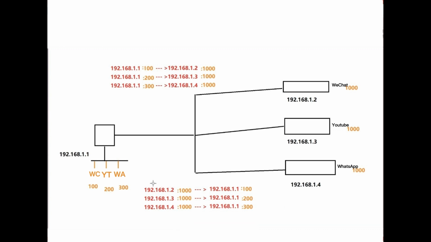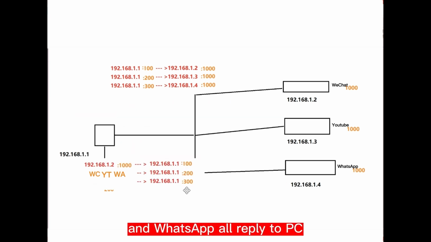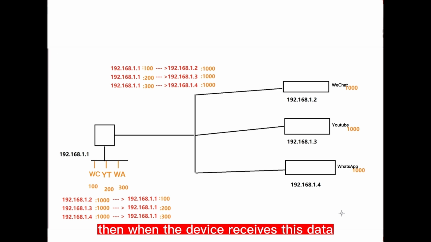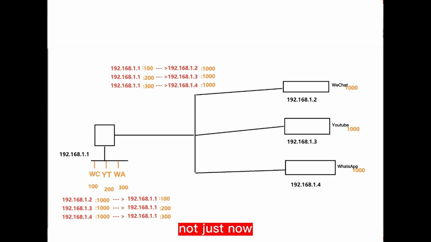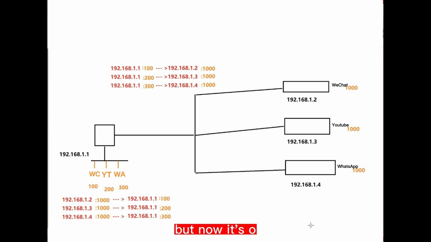Let's see now. Now WeChat, YouTube, and WhatsApp all reply to PC. Then when the device receives this data, can it differentiate between different applications? Not just now, because there is only one address.